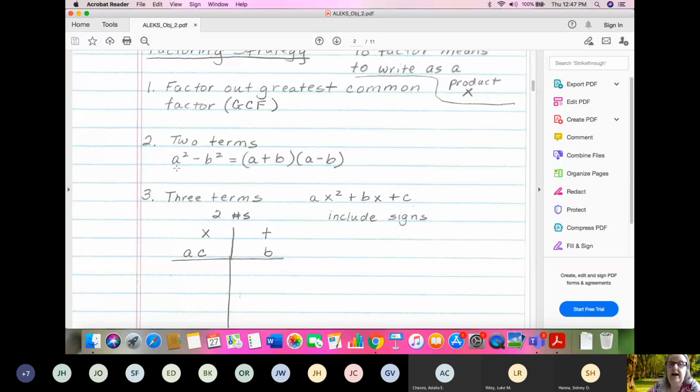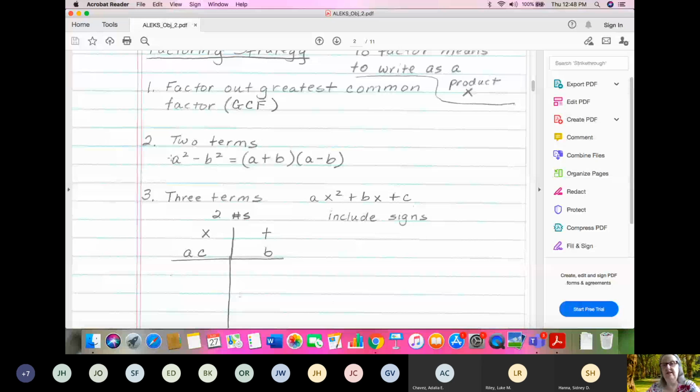And how do you do that? Well, this a is the base of this square, so you just write down the base of the first square, plus whatever the base of the second square is, which happens to be b. And then you copy it over and change the plus sign to a minus sign in the middle.